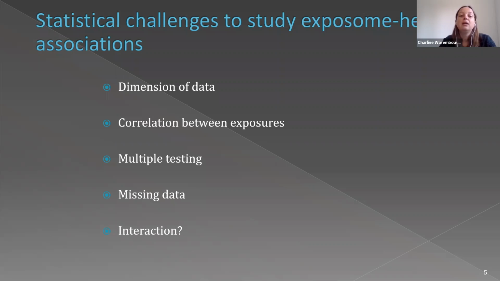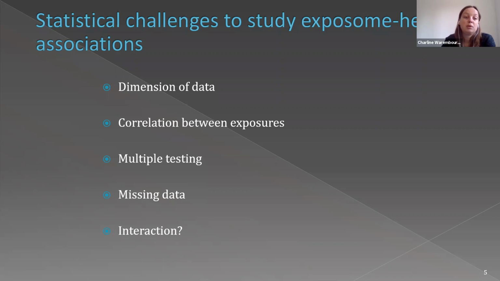But this exposome approach has some limitations or challenges that we would like to overcome, including the dimension of data, because when we are dealing with thousands, or not yet thousands, but hundreds of exposures, this leads to statistical challenges to study the association with a health outcome. Another important challenge is the correlation that may exist between exposures, and that can be very high, above 0.8, for example.